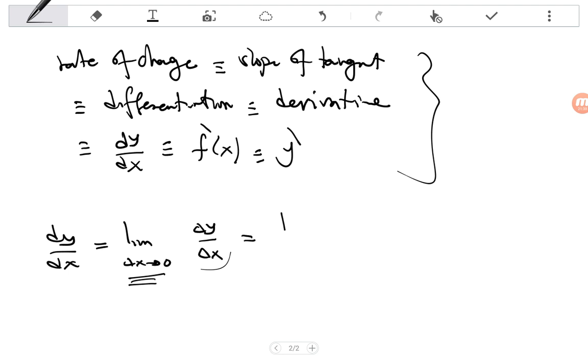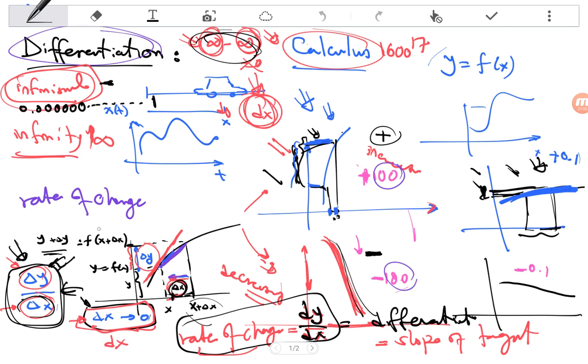Now let's re-express that expression in another form. Now what is delta y? Let's remember what delta y is. It is the difference between these two values.